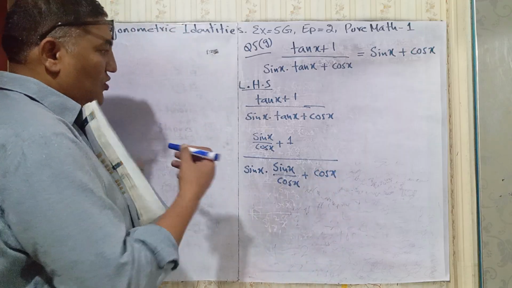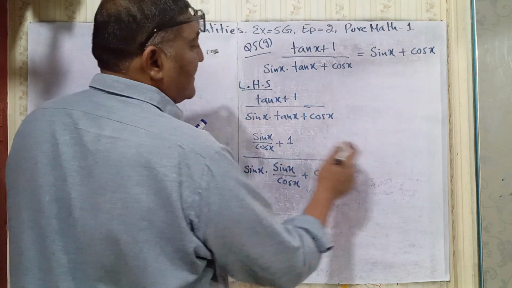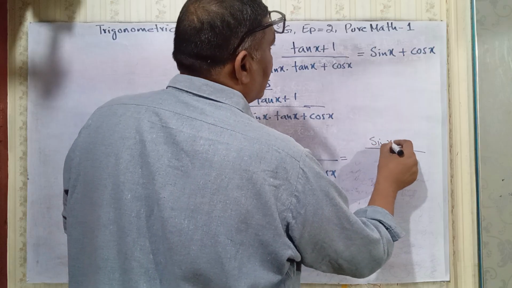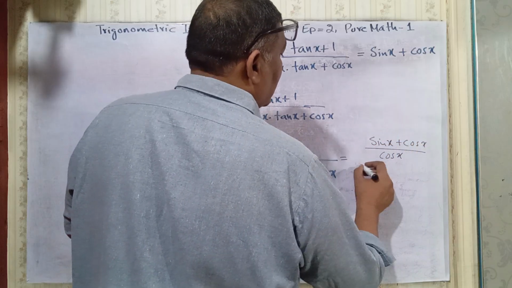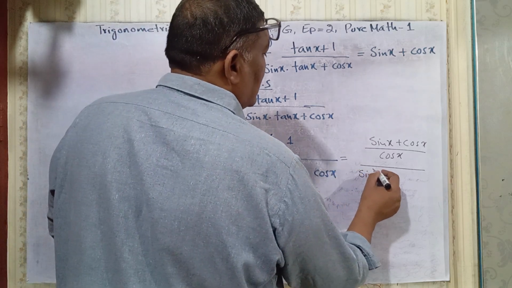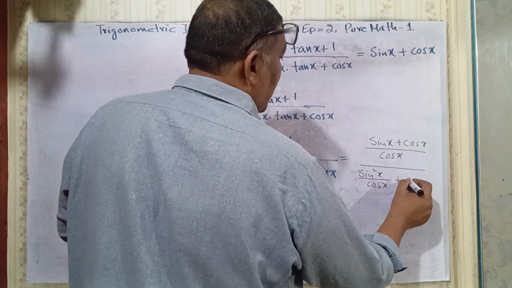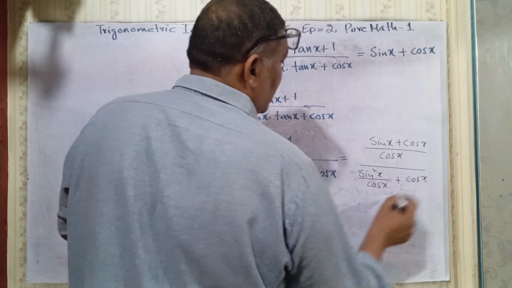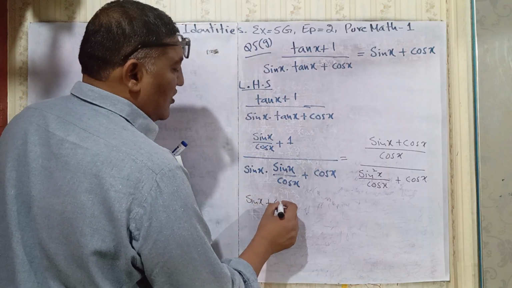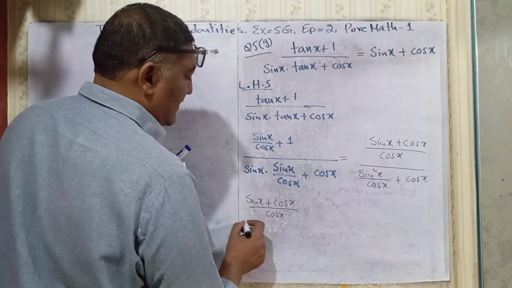Here you can see I can take the LCM. So you will have cos of x, and the numerator will become sine x plus cos x. The denominator will become sine square x divided by cos x, plus cos x. So we will take (sine x plus cos x) divided by cos x in the numerator.